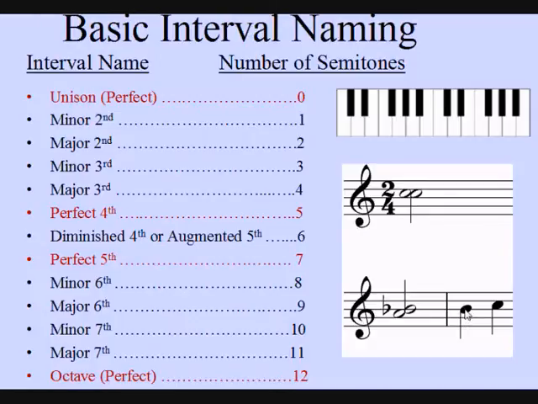This is a B and this is a C. Therefore, from B to C there is 0, 1 semitone. Remember, the keyboard count starts counting from 0, so it is 0, 1 semitone. Therefore this is also a minor second.